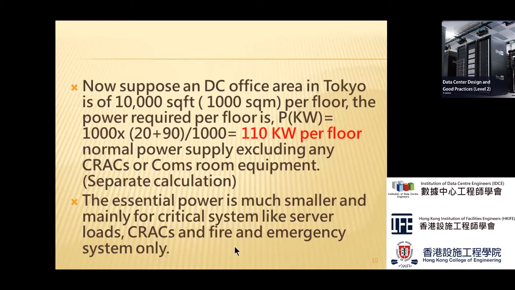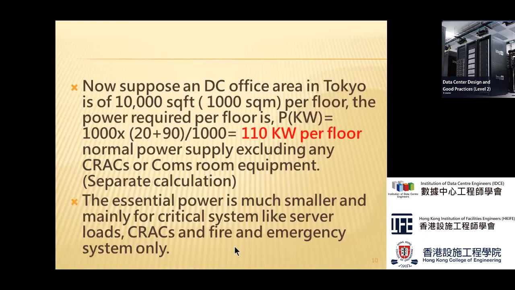If you remember our previous course at level 1, the data center operation and maintenance course, the CRAC unit and fire emergency would be using the essential power. And for the IT load, server load, computer load, or security system, you may use the UPS.